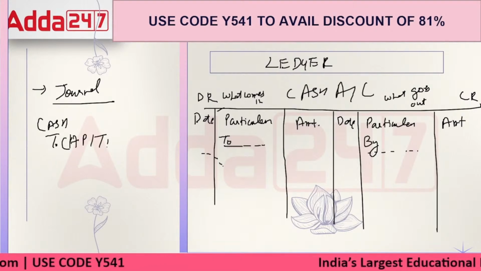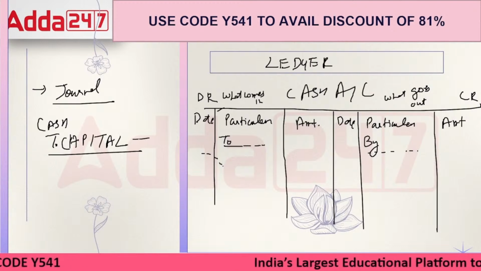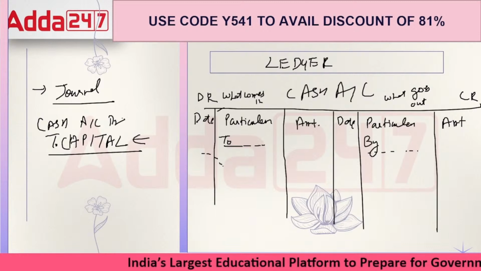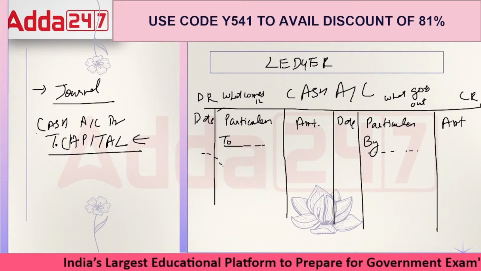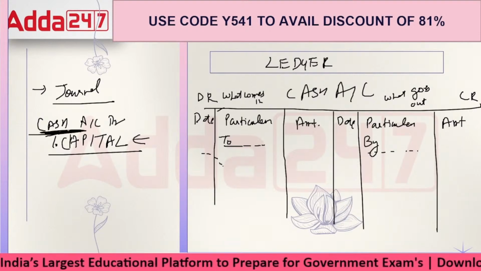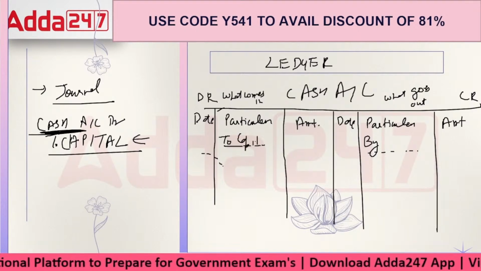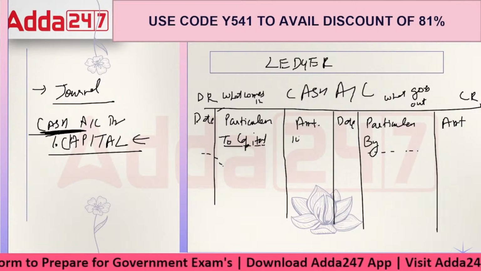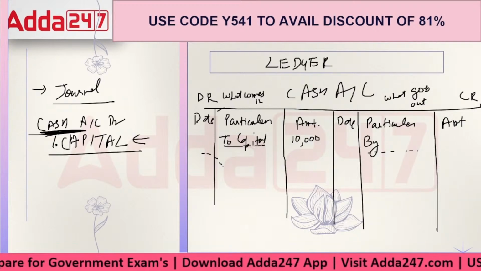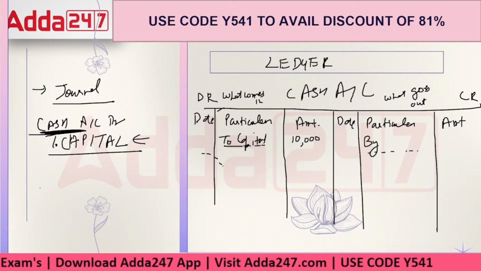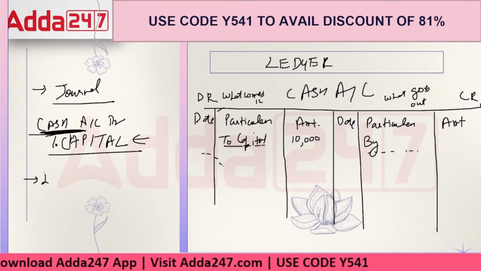If I introduced capital into my business, capital is being credited, but cash is debited. The cash is on the debit side now. Then we will give the reference 'To capital' here, and we will specify the amount that we received. Say we received 10,000.